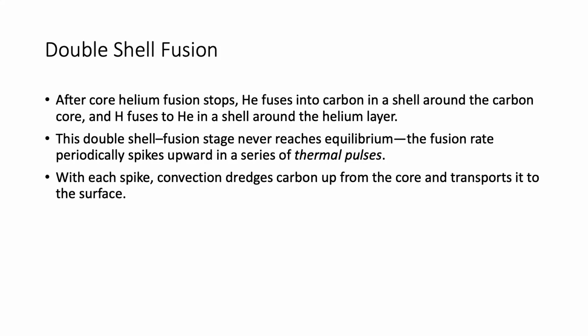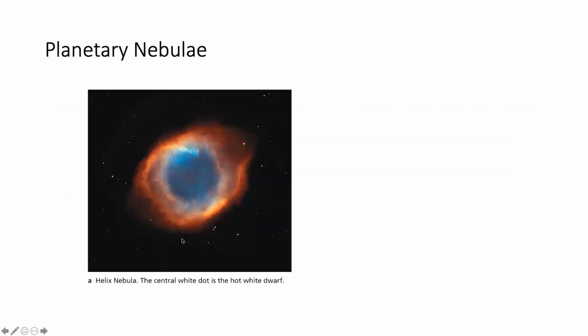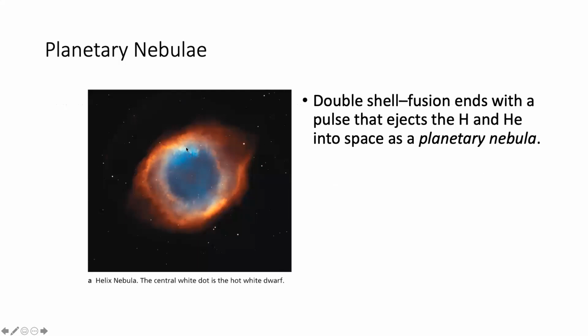It starts to send a lot of energy periodically in pulses up to the surface, and at some point, that double shell around the carbon core just gets ejected into space, right? This process leads to what's called a planetary nebula.